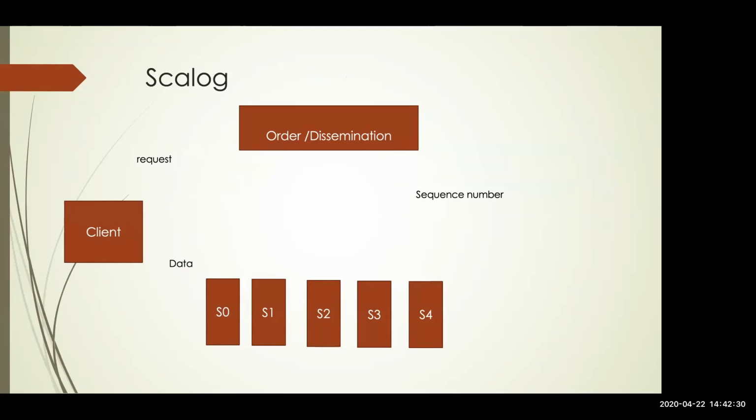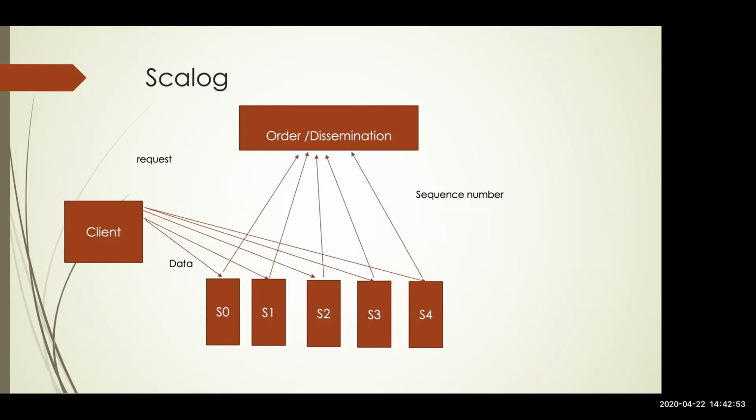So in Scalog, the client sends the record, so it actually changes the sequence of ordering. First it sends the data to all the shards, that is the first step, and then each data server sends a cut, which says how many records are there in its primary and backup, to the ordering layer.